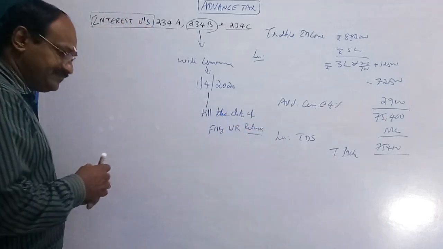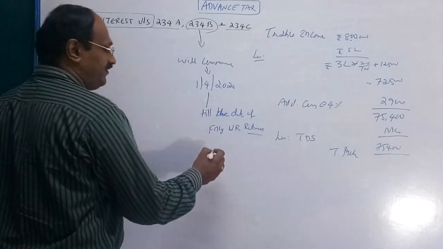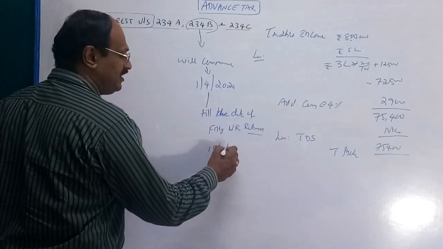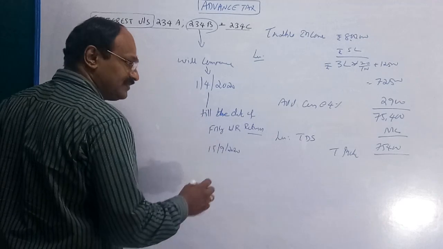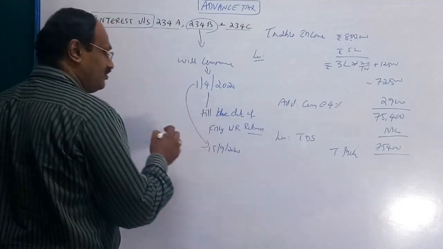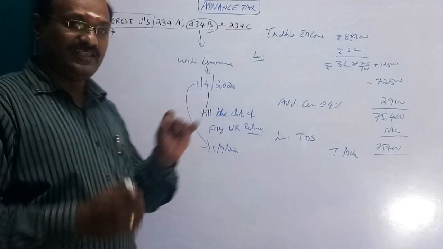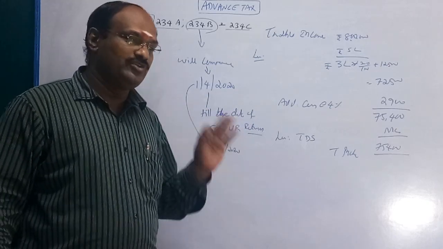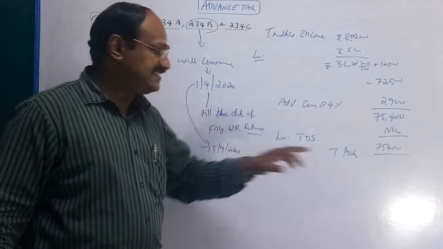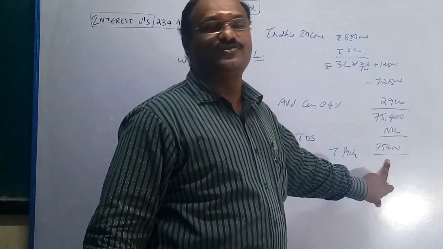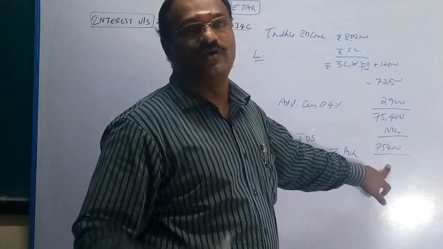So, for example, you are going to file your return on 15/9/2020. From 1/4 to 15/9, that is April, May, June, July, August, September, 6 months. So 75,400 into 6%, 1% per month.